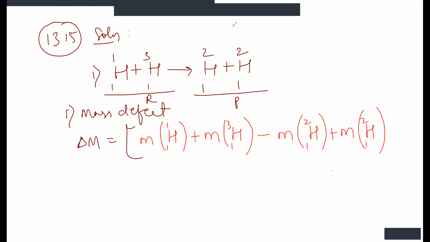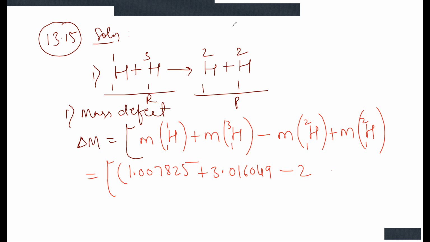So just substitute the values, then we are getting 1.007825, mass of hydrogen having mass number 1, plus 3.016049. This minus is kept as it is.